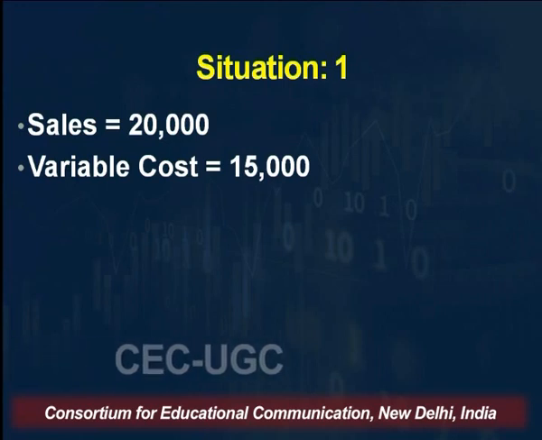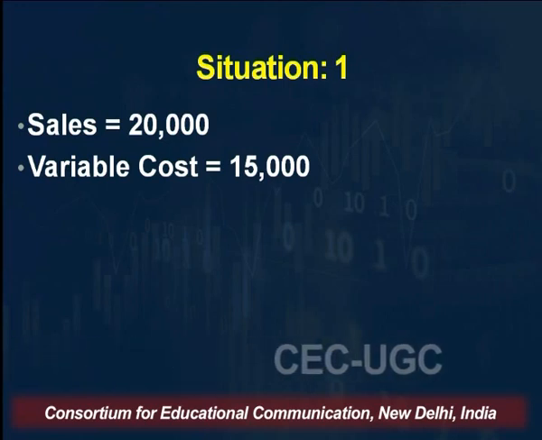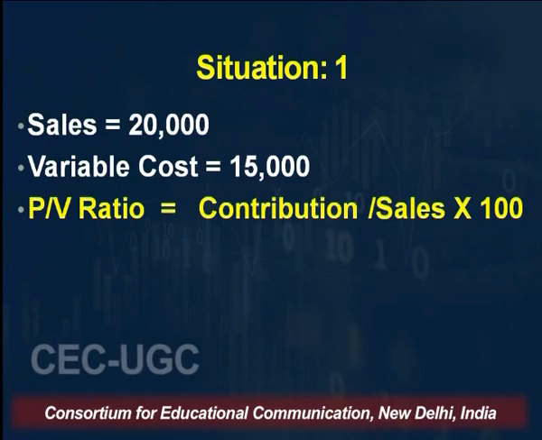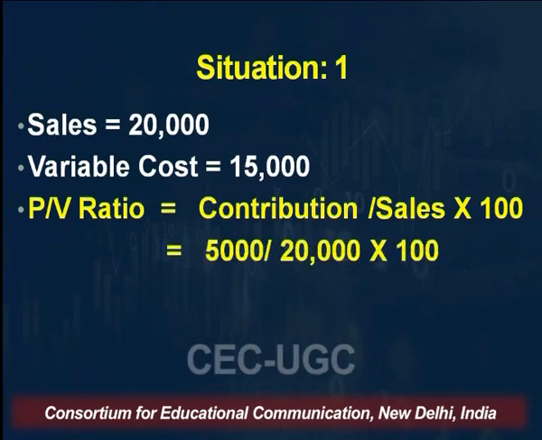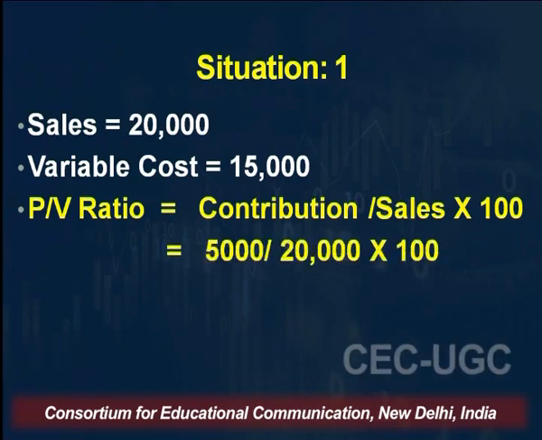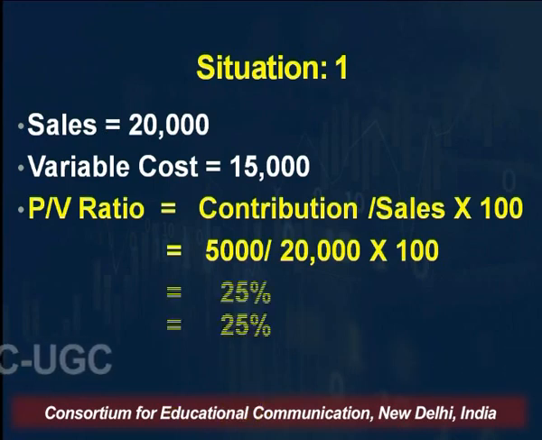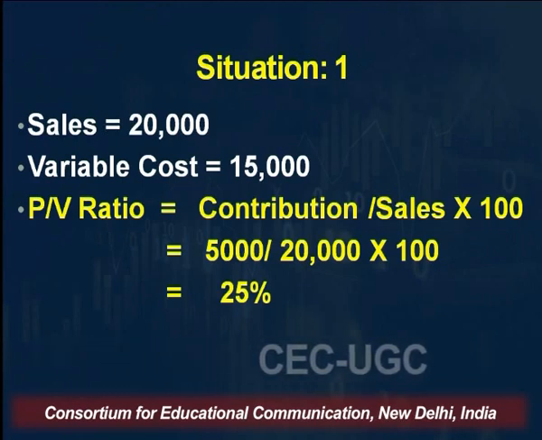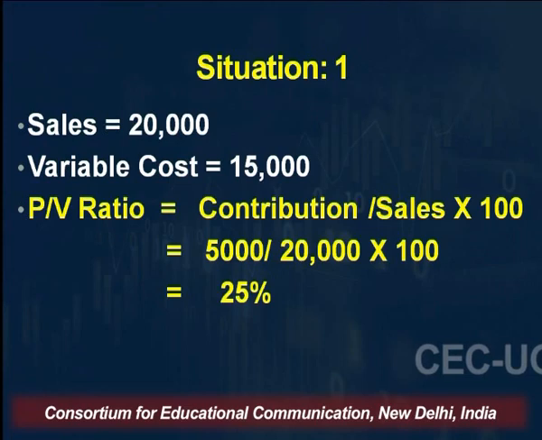Formula for PV ratio is contribution upon sales into 100, where sales minus variable cost is equal to contribution. Here sales is 20,000, variable cost is 15,000, contribution becomes 5,000, that is your numerator. Sales is 20,000. When you solve it, you find the value of 25%. This 25% is your PV ratio, or contribution to sales ratio, in situation number 1.